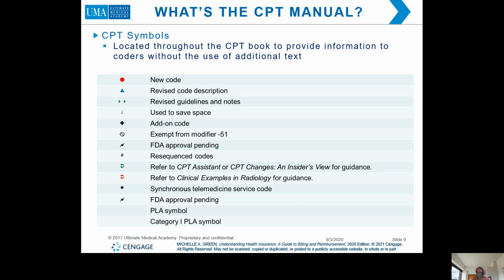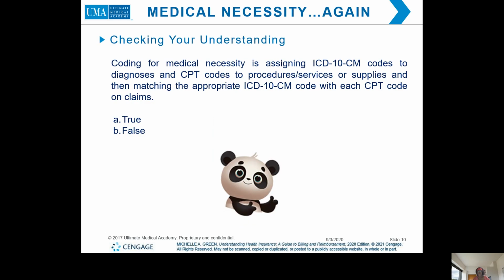The plus sign, you know that's an add-on code. So instead of writing all these words next to a code, you don't do that. That book would be so huge, it's already large. You just made a legend, use symbols, and you don't have to memorize those either because they're right at the bottom of the pages. So that's great also.